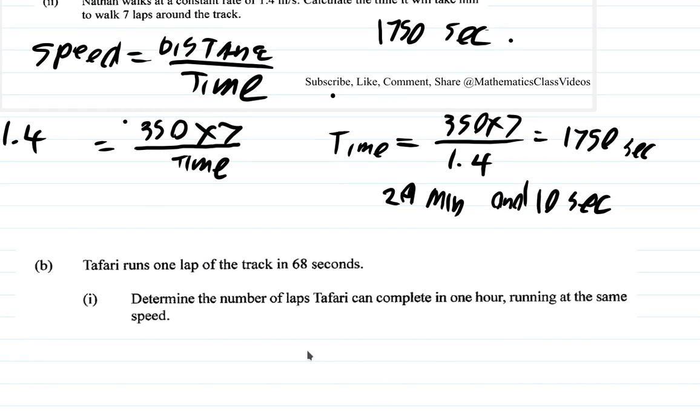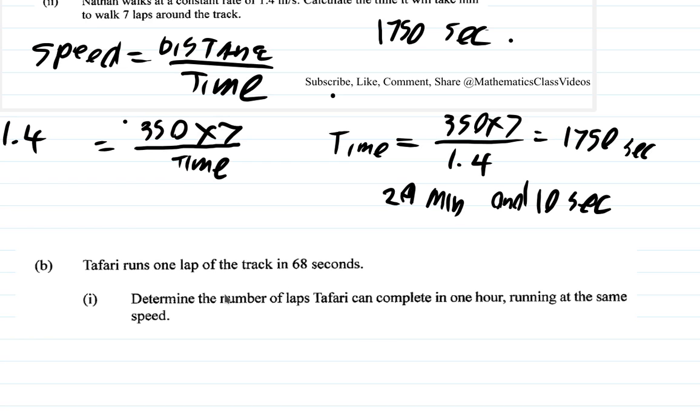Now, 1 lap in 68 seconds. How are we going to deal with that now? What we could do is say, if you have 350 meters, that's 1 lap in 68 seconds. What is speed? Right?